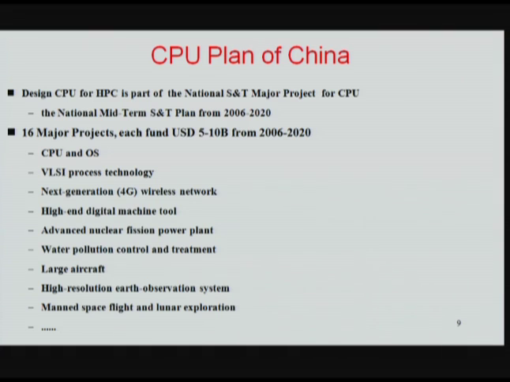I list some major projects. First is CPU and OS, then VLSI process technology, next generation wireless network, high-end numerically controlled machine tools, advanced nuclear fission power plants, water pollution control, large aircraft, high-resolution Earth observation system, manned space flight and lunar exploration. We have 16. Among them, CPU and OS is number one.